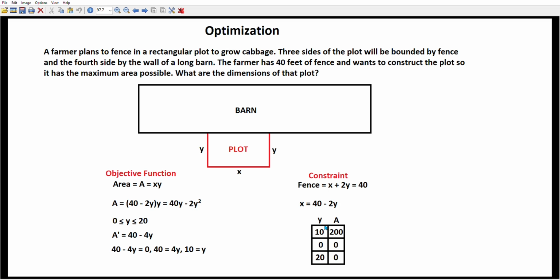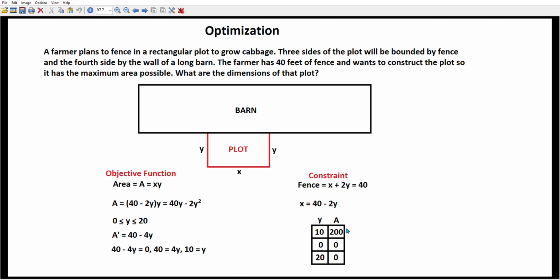When y is 10, we get 400 minus 200, which is 200. When y is 0, we get 0 minus 0 is 0. And when y is 20, we get 800 minus 800 is 0.